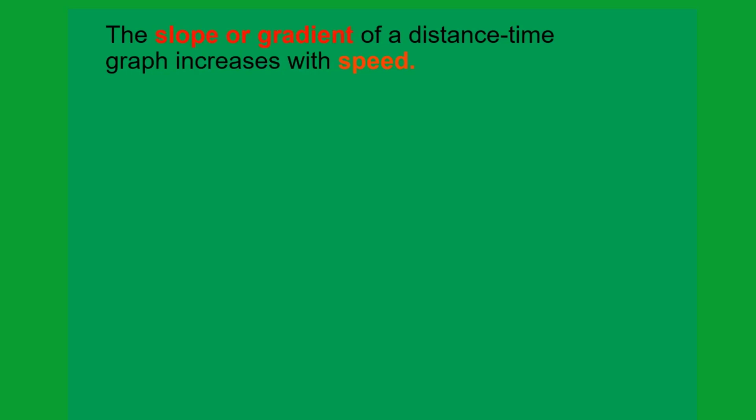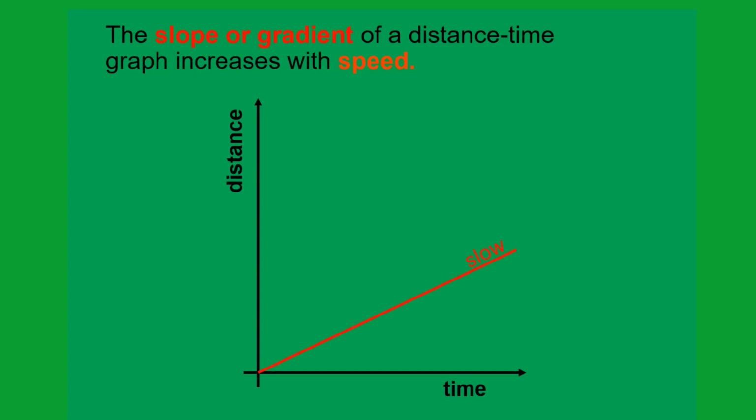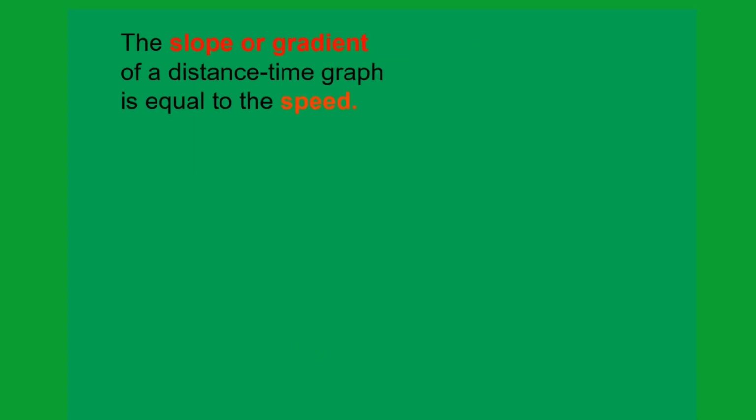The slope or gradient of the distance time graph increases with speed. So if the gradient of the distance time graph is less, then it represents that the object moves slowly. That means speed is lower. And if the gradient is higher, then it represents that the object moves fast. So speed is higher.